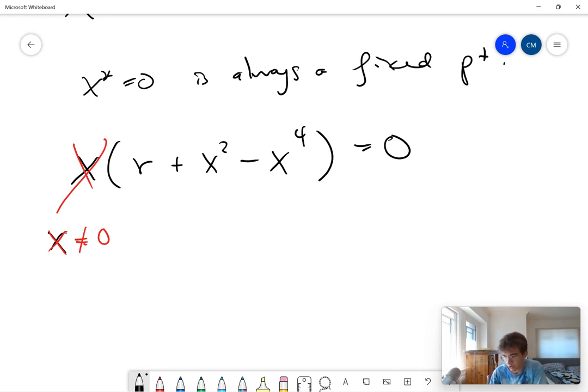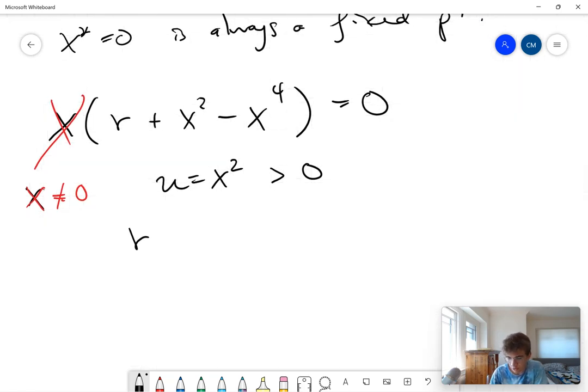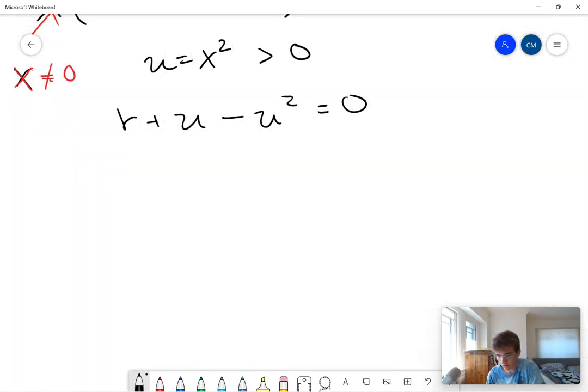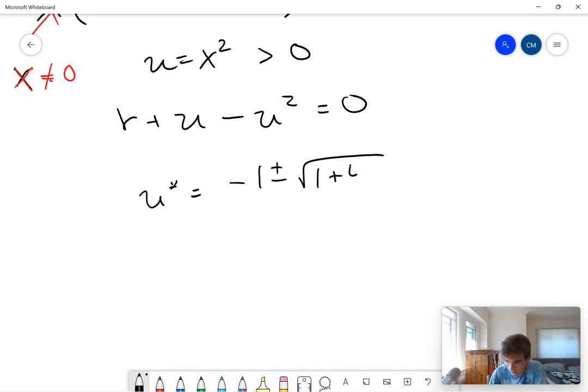I observe that this is a quadratic function in terms of x squared. So if I do a change of variables, u is equal to x squared, noting that u must be positive, I have r plus u minus u squared is equal to 0. Now I can apply the quadratic formula to give me that u star is equal to negative 1 plus or minus the square root of 1 plus 4r, divided by 2.